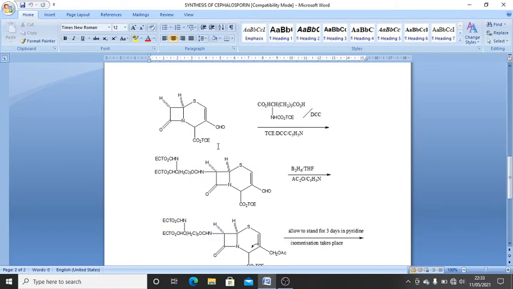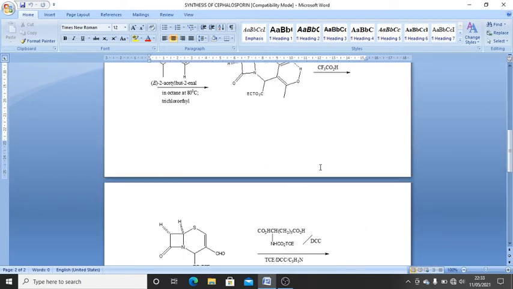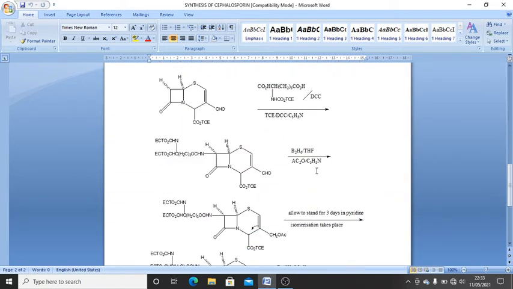So in the presence of trifluoroacetic acid, the adduct gets converted to the next product, which is called 4-carbonyl oxytrichloroethyl 5-aldehyde 8-keto 7-amino cephalosporic acid. So this is the intermediate which we are going to get, a cephalosporic acid.